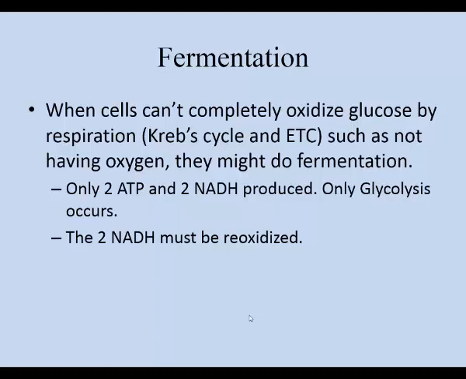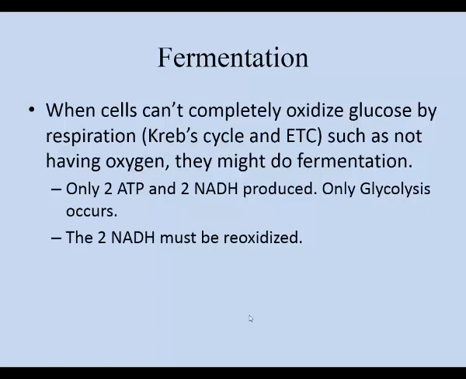And so we'll produce only 2 ATP and 2 NADHs. And basically, you don't get the Krebs cycle and the ETC. You will only do glycolysis. And then we'll have 2 NADHs that must be reoxidized. Basically, this is a little more wasteful process. It's going to end with some organic molecules being made instead of a full breakdown where you get a bunch of ATP made and all the energy transferred to ATP.